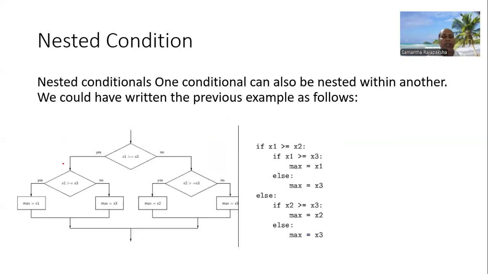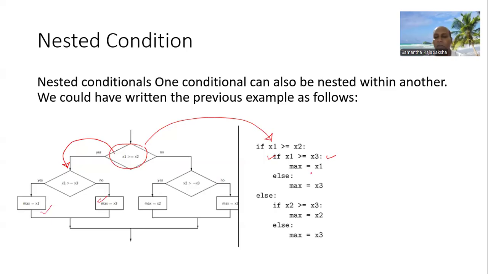Now if you look at this selection, here I have selection if. So we can write that here, if x1 larger than x2. If it is true, you want to check whether x1 larger than x3 like this. If it is true, you can say this one. If it is false, you can say this one.